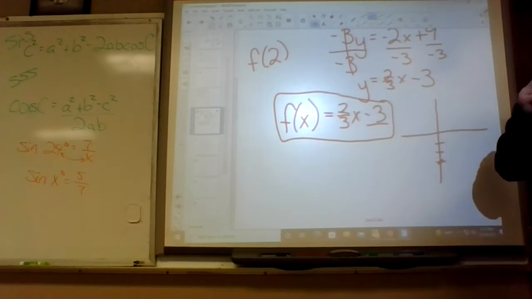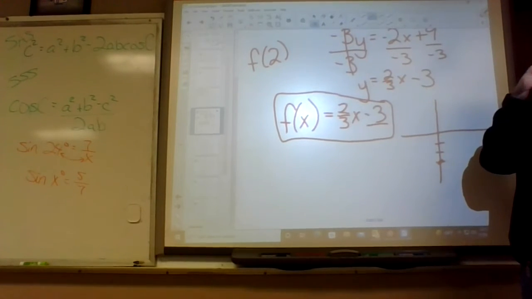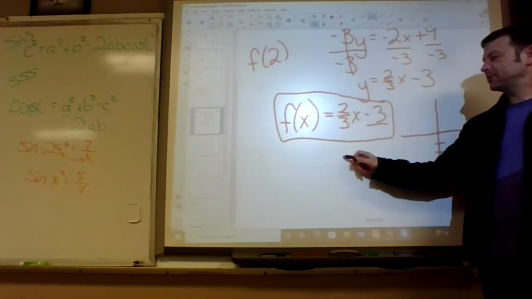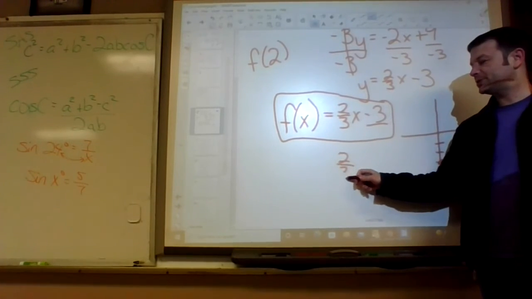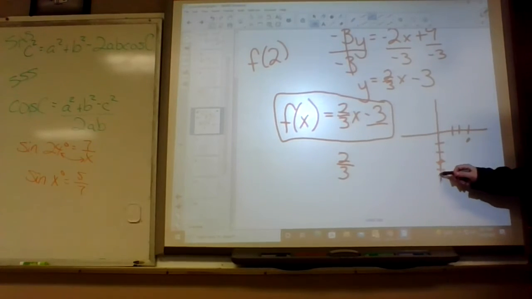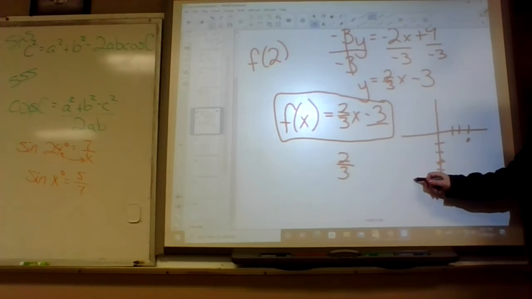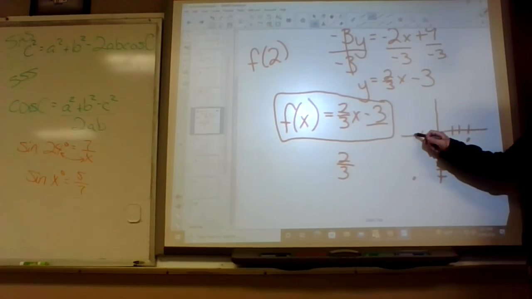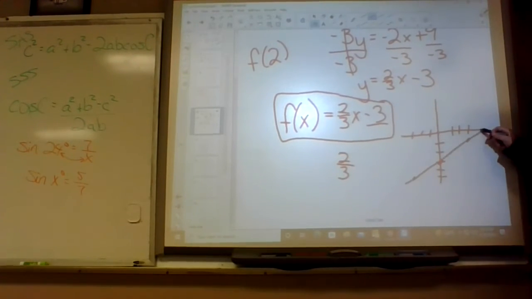Where are we going to go from there? Up 2, over 3. Yes, rise 2, run 3. The slope is 2/3. You can also go backwards: fall 2, backwards 3. It should look something like that.